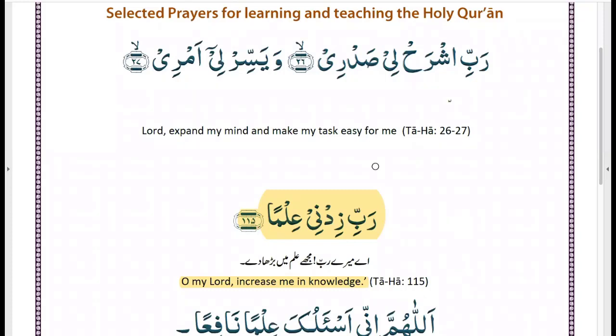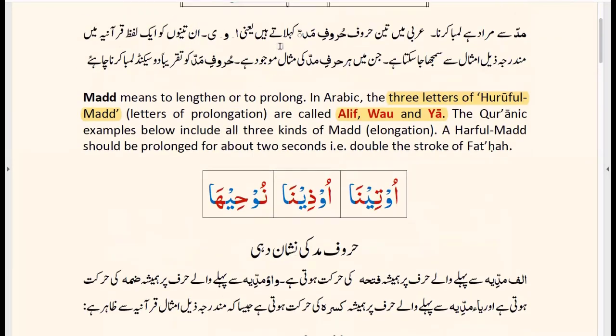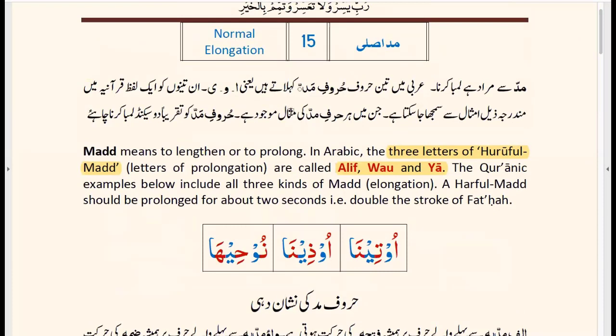Allah Hafiz. Okay, so yesterday's lesson, you were looking at haruful mad or normal elongation. In yesterday's lesson, we found out that mad means to lengthen or prolong, to make longer.